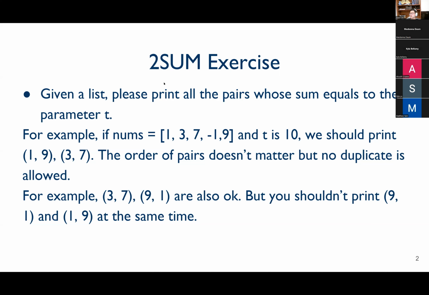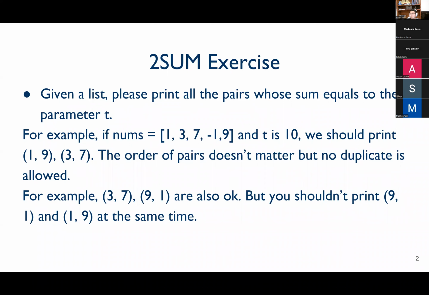We want students to print out pairs whose sum equals this total, like 1, 9, and 3, 7. It's possible that several pairs will be printed out. The order of the printout doesn't matter. We don't want to have duplicates. In other words, you don't want to print out 1, 9 many, many times.